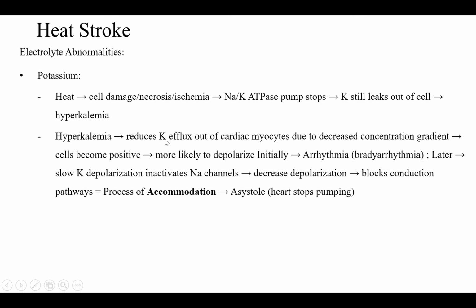That positive potassium makes the cell positive, and the cell is more likely to depolarize initially, and that causes arrhythmias. So you have small fluctuations in action potentials causing arrhythmias, particularly bradyarrhythmias.